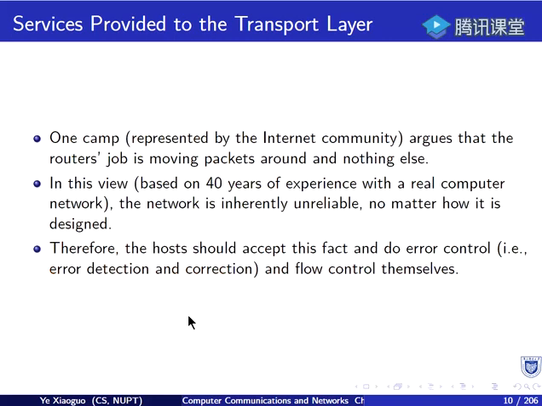One camp, represented by the Internet community, argues that the router's job is moving packets around and nothing else. So the Internet community argues that the router's job is moving packets as soon as possible. So nothing else.